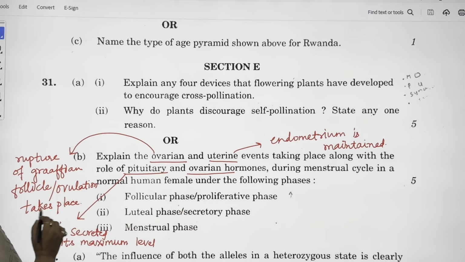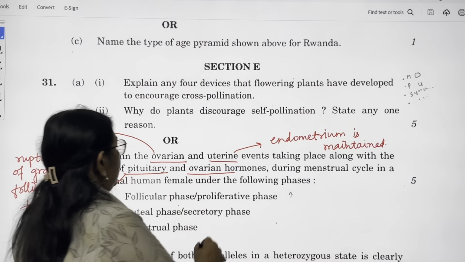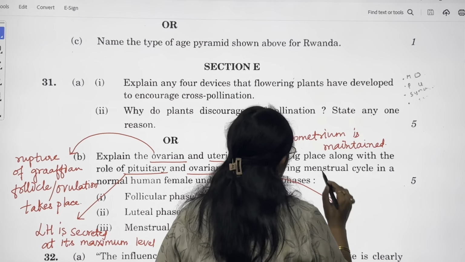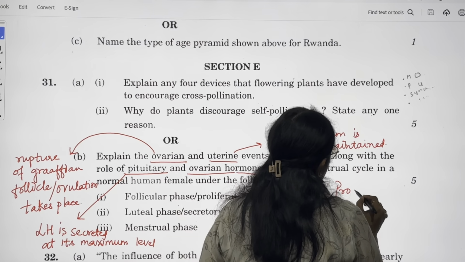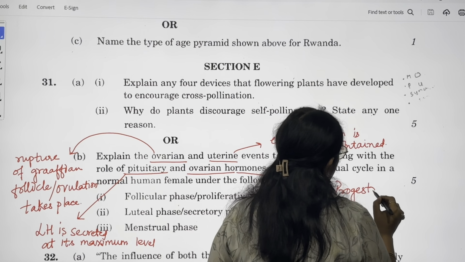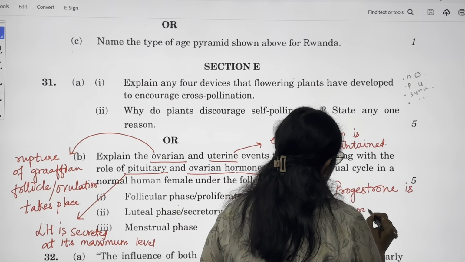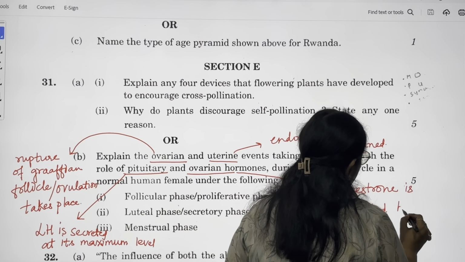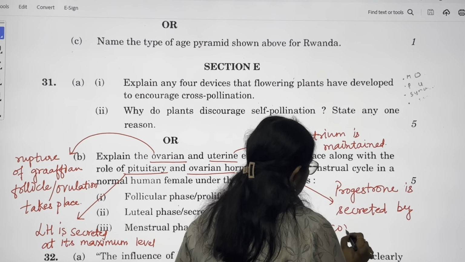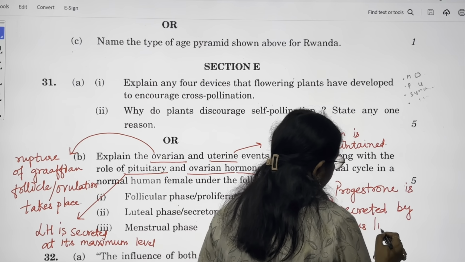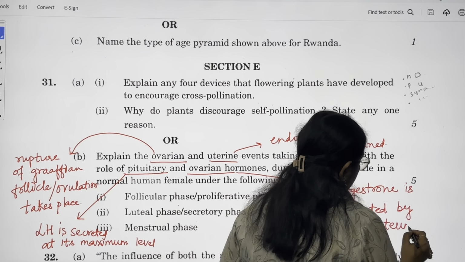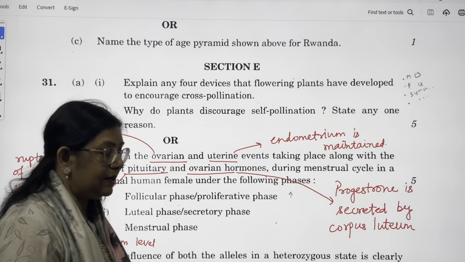You can write here corpus luteum formed. And ovarian hormone, progesterone is secreted by corpus luteum. So this way you had to write the answer.